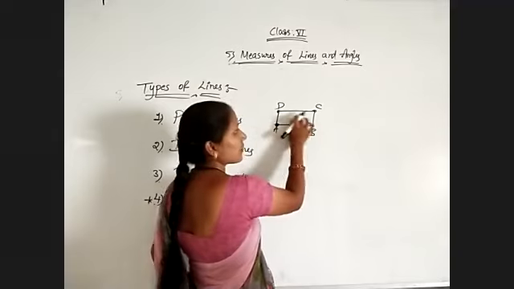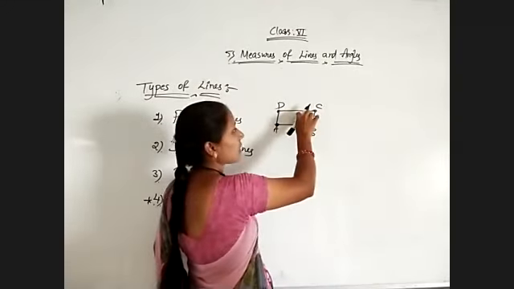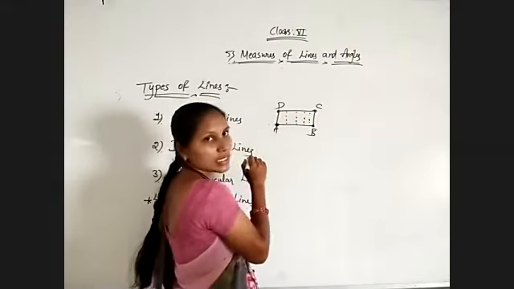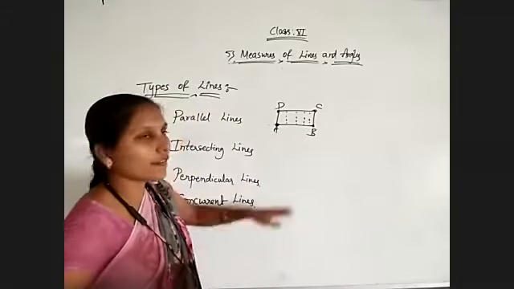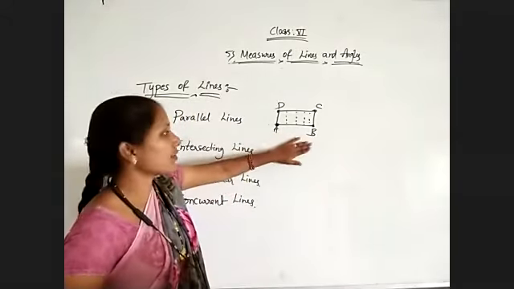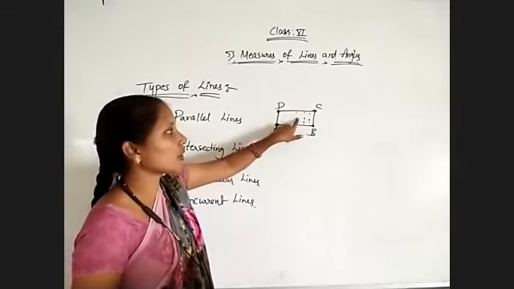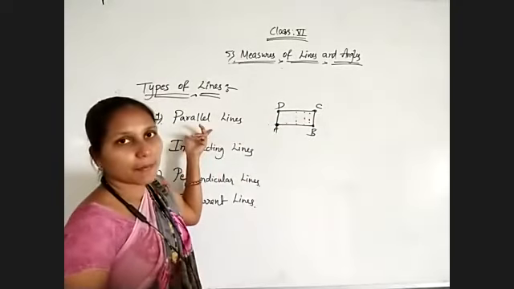Is AB meeting with CD? No. And both are at equal distance at any point. Yes. So the lines which never meet at any point, which never intersect, and always keep the same gap, such types of lines are said to be parallel lines.